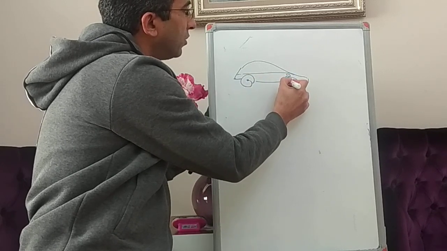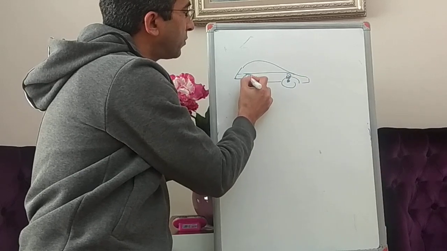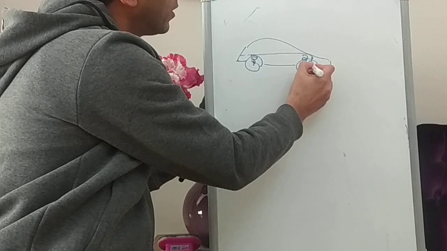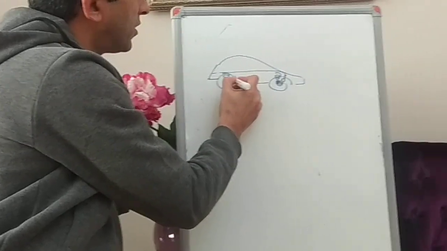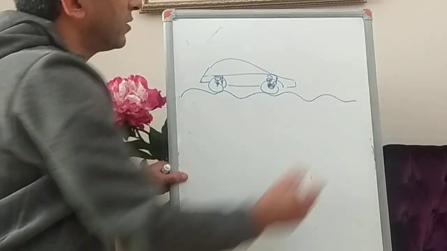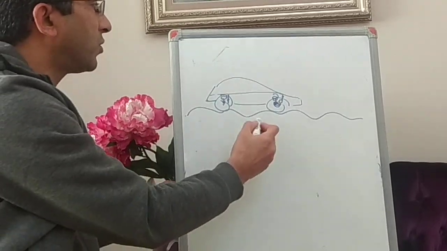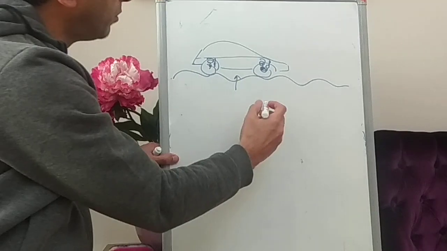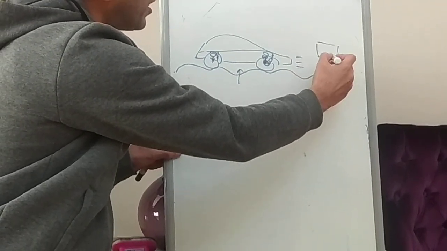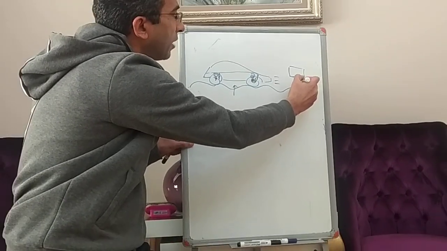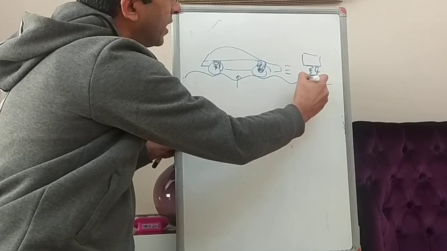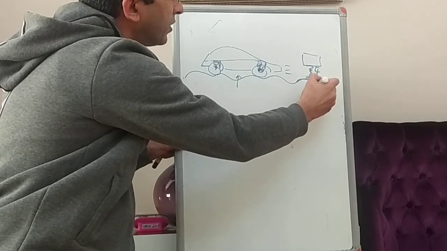You need a spring here, and also a damper that connects the wheel to the car. If you have a bad road, this road will cause excitation on my system. You can model this as one mass of the car, with this spring and this damper, and this is the wheel going on the road.